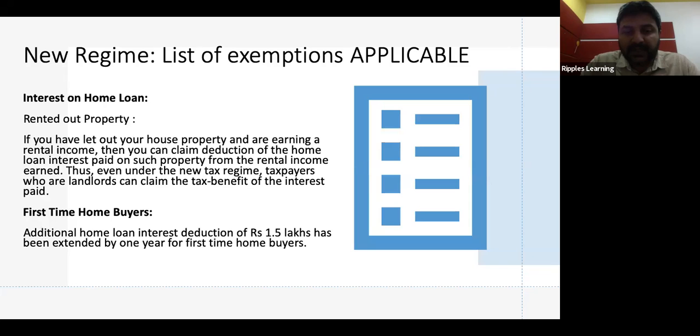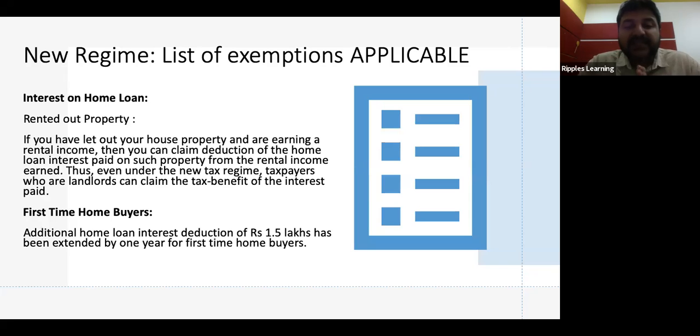Is it clear? If you have bought a house on loan and you have rented it out, then the difference of interest, not principal, the interest that the bank is charging minus the rent that you are receiving, the remaining amount will be exempted from tax, right?